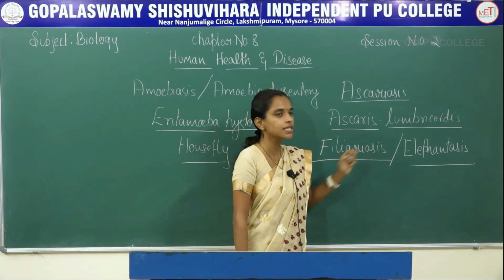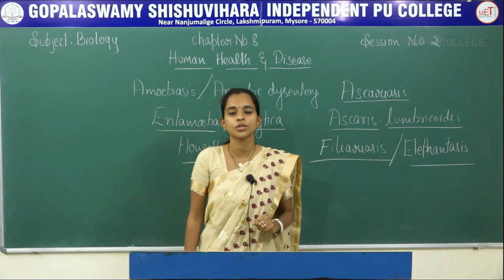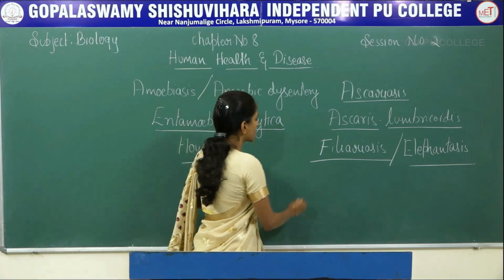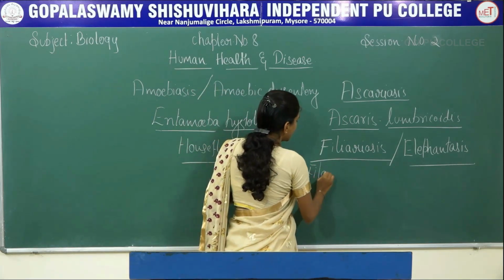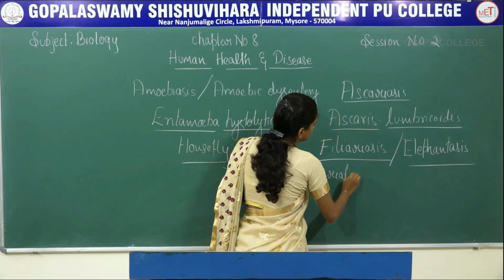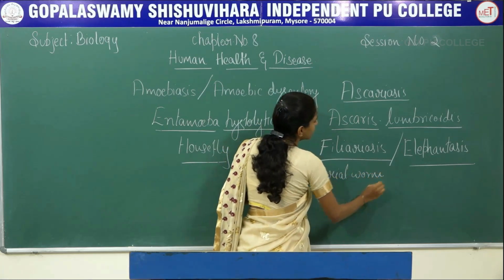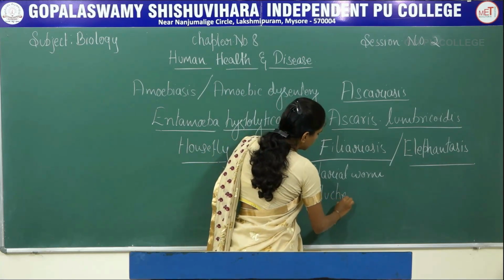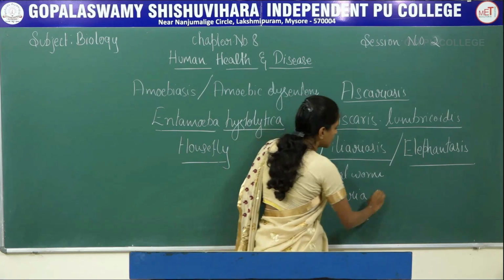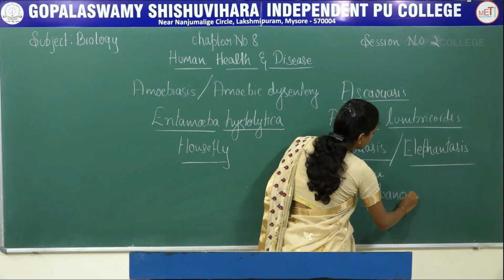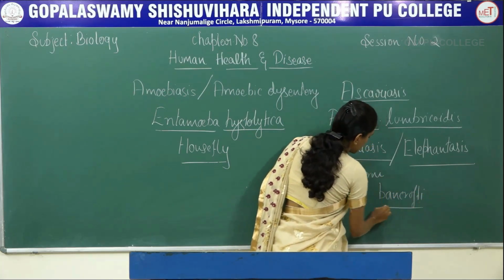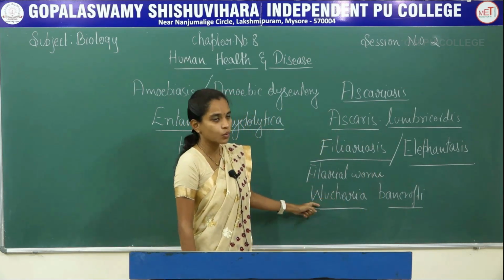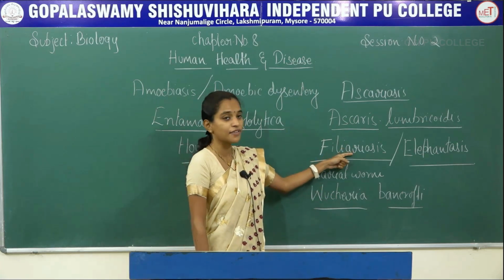As the name suggests, it is caused by a particular organism, a helminthic worm commonly called the filarial worm. The scientific name for this is Wuchereria bancrofti. Wuchereria bancrofti is one of the helminthic worms or filarial worms which causes this filariasis.